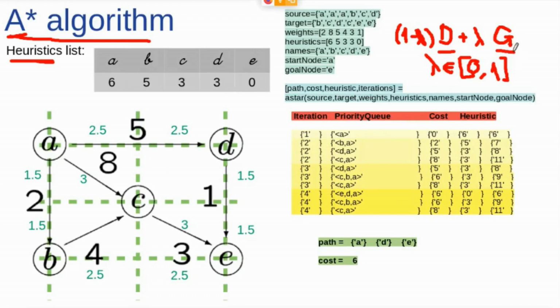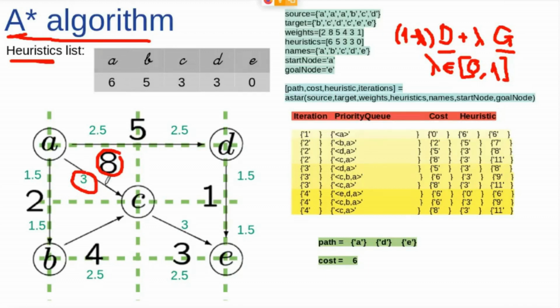That's the idea. So the total cost of going from one node to the neighbor is not only the real cost, is not only the heuristic cost, but instead it is the addition of the real cost and the heuristic cost.